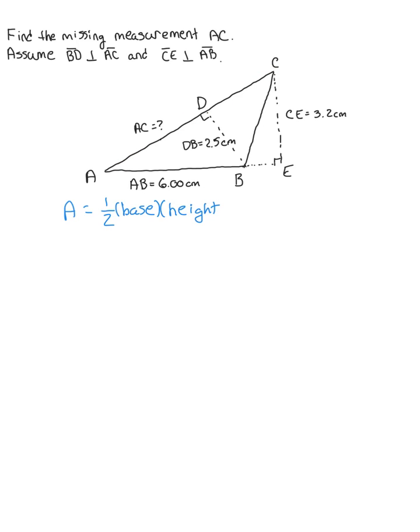However, notice how we have this triangle here with the base of 6 and a height of 3.2 centimeters. We can actually redraw this triangle. Imagine if we rotate it counterclockwise until we have the following shape.